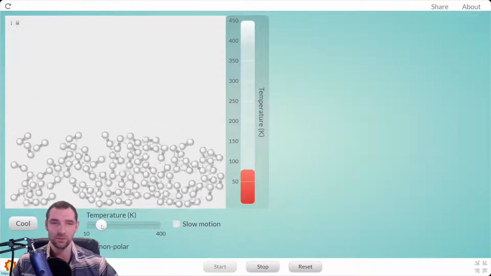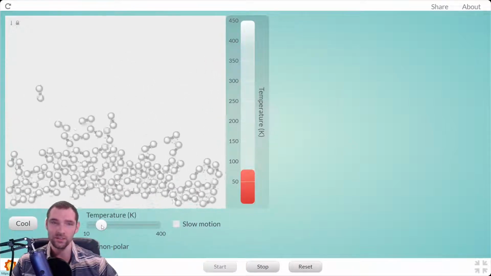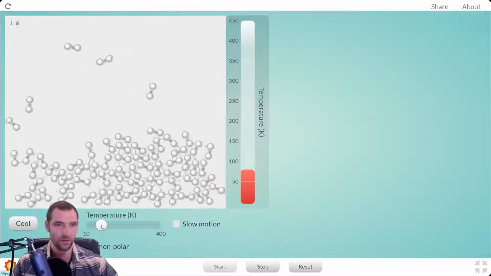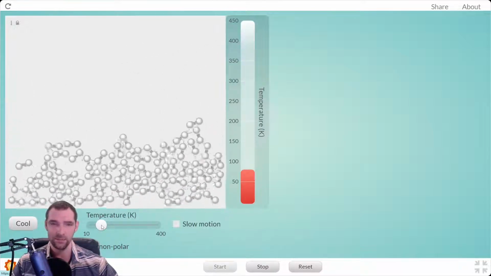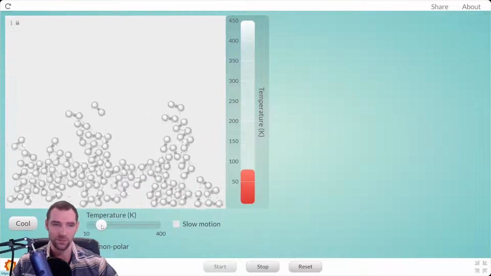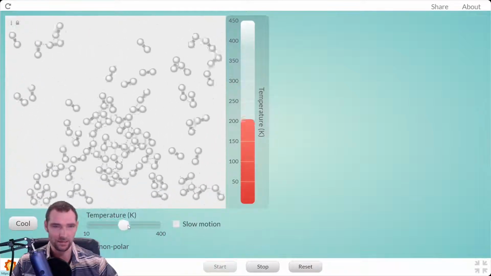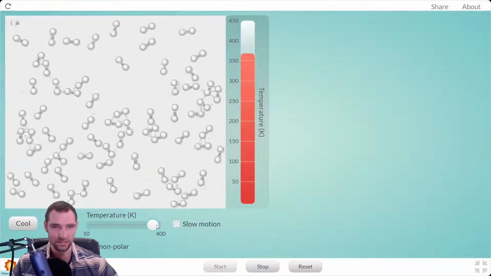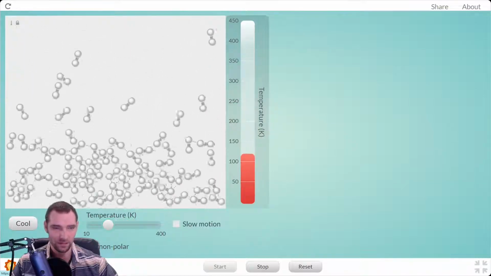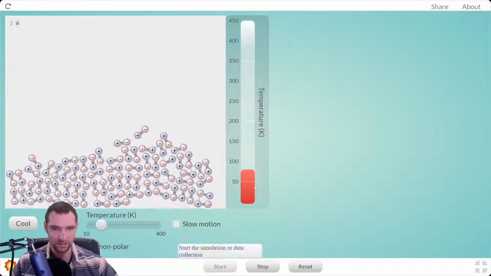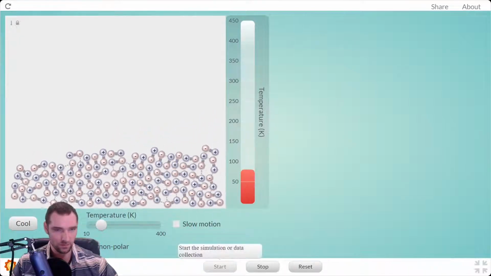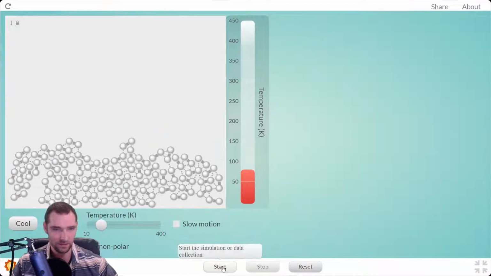So when we have nonpolar things, the interactions are much weaker. It's easier to break those interactions and get to the next phase. So if you add energy, the molecules get moving faster pretty quickly. You can see that as I add energy, these things are moving a lot quicker than if I had polar. So if I just start at that beginning temperature, that looks pretty solid.